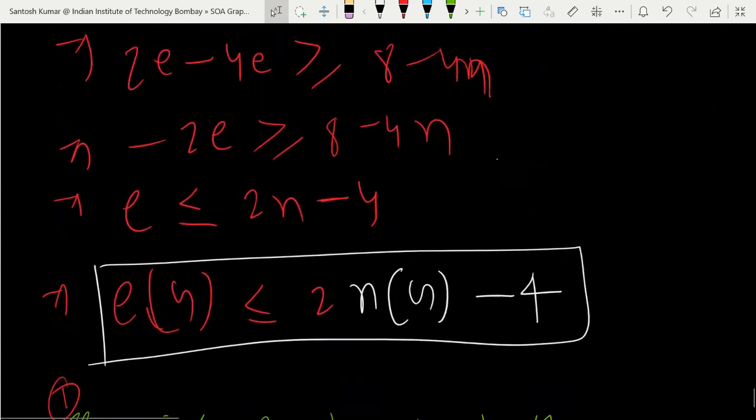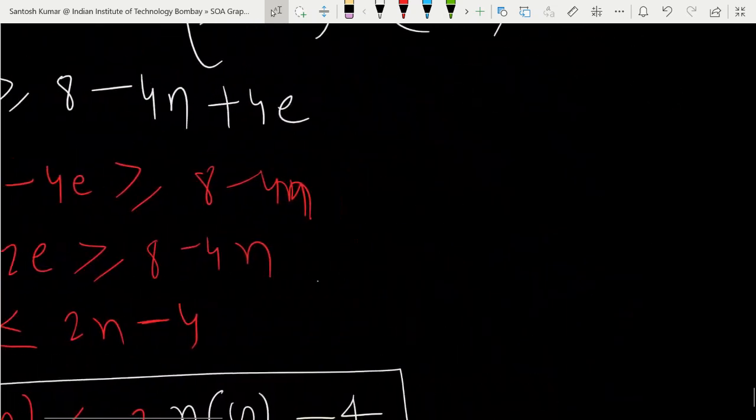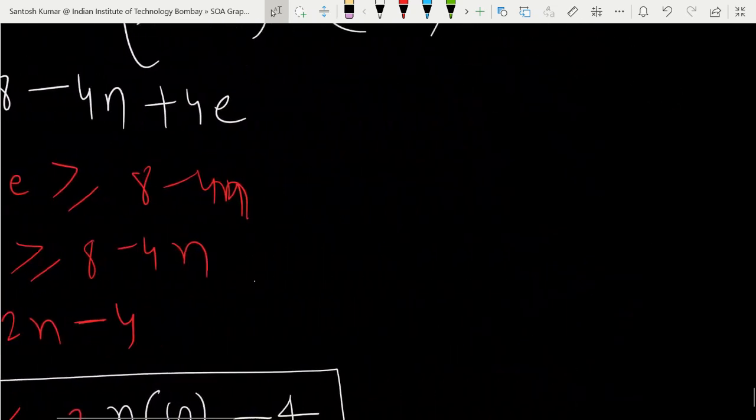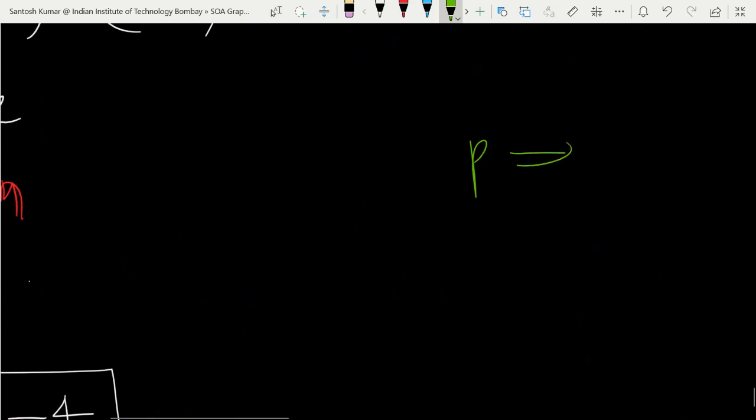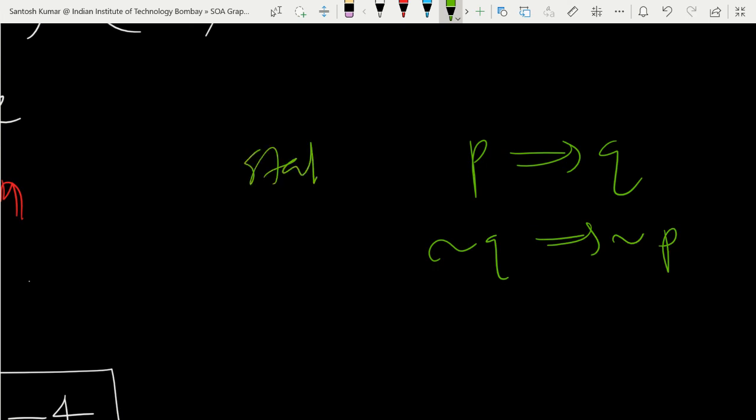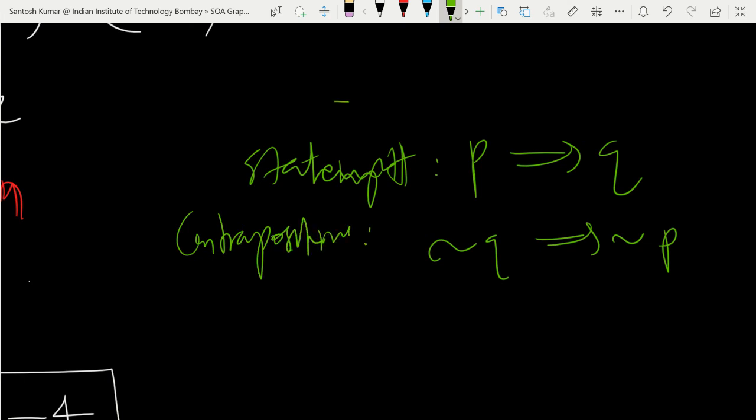I just wanted to say, like the mathematical reasoning you might have seen, P implies Q is equivalent to not Q implies not P. Both are equivalent statements. This is called the contrapositive statement. Both have equal meaning.